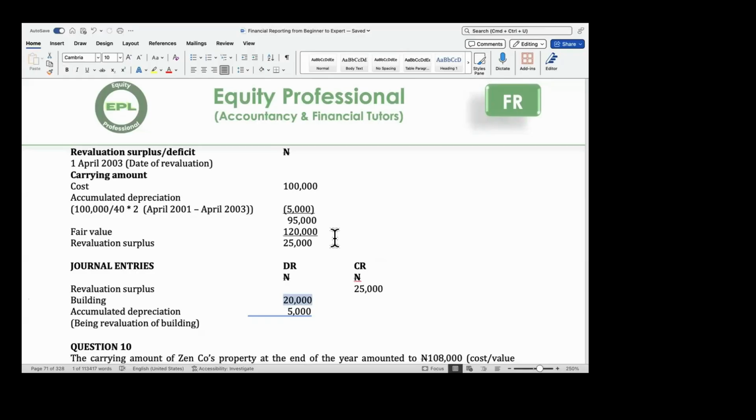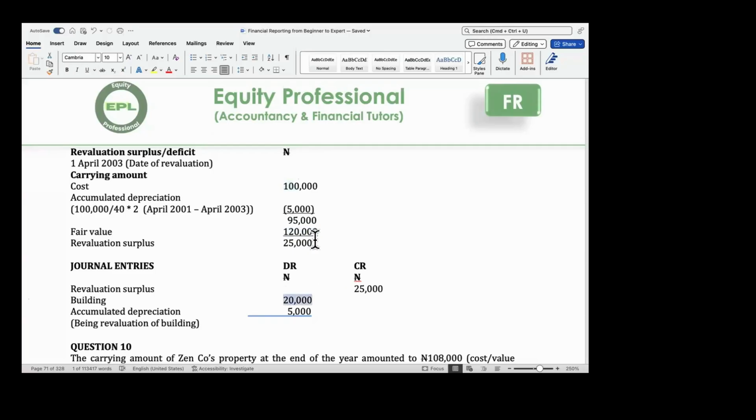So in our asset account, it was 100,000 before. Now it is 120. So we need to take up our asset from 100 to 120, and that's an increase by 20. That's why we are debiting 20.